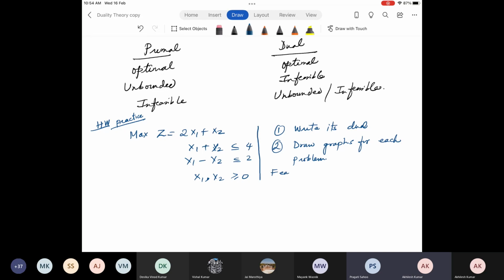Look at the corresponding feasible and infeasible points. Third thing you need to do is solve both problems using simplex algorithm. So definitely the dual problem will be minimization with greater than or equal to constraints.